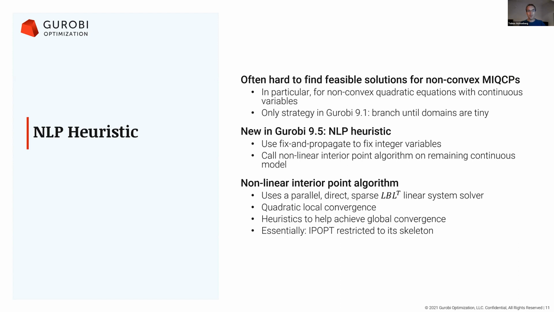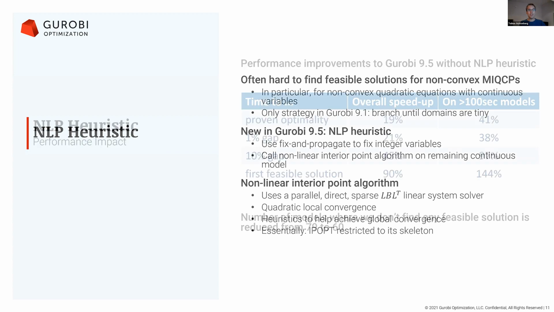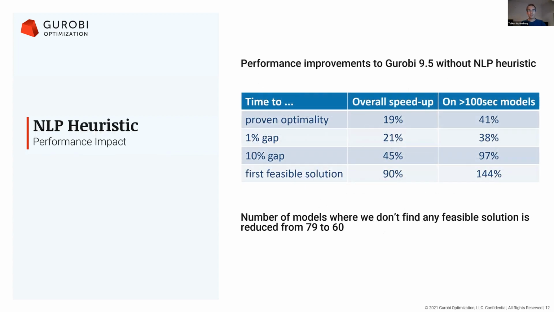IPOpt has many more fancy bells and whistles that we do not yet have, and which we will, of course, add in the future to improve that algorithm even further. But for the quadratic problems that we deal with, IPOpt can deal with general nonlinear programs. For the quadratic problems that Gurobi can deal with, this nonlinear interior point algorithm already works very well, which you can see here in these performance results.